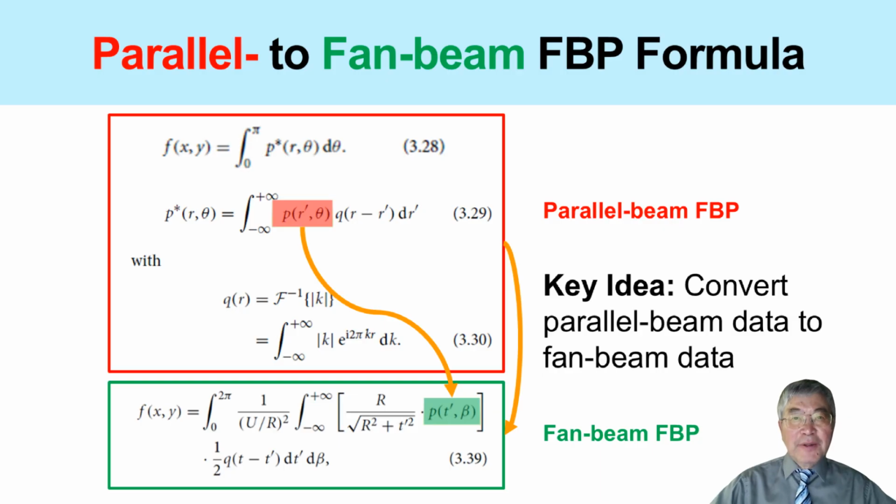They come naturally from the fan beam geometry and from the change of variables. So the main message is this: fan beam FBP is not a completely new reconstruction principle. It is the same filtered backprojection idea, but modified by geometric weighting factors to account for the fan beam scanning geometry.